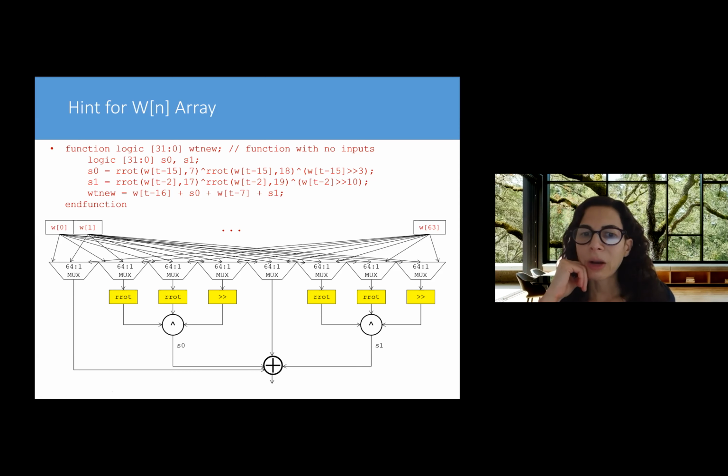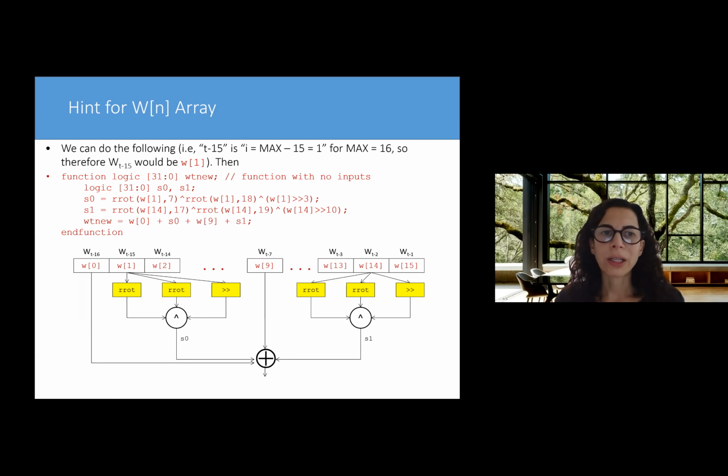Now the question is, how could we optimize it? And this is something we discussed in the context of the SHA itself. I'm just going to go briefly on it, and you see what happens.